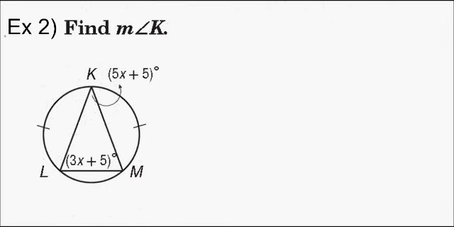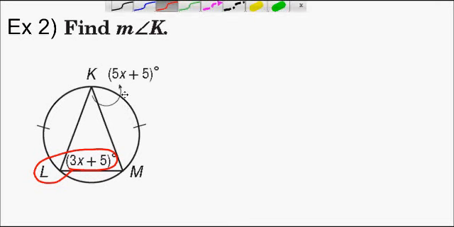Okay. Example 2. Find the measure of angle K. So we have a circle and a triangle that is inscribed into the circle. And it's not really clear, but this 3x plus 5 goes with angle L. So a few things that we want to look at here. I see I have some arcs that are marked congruent.